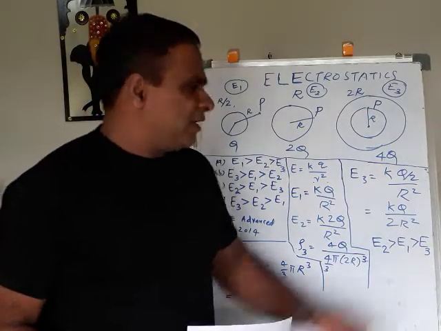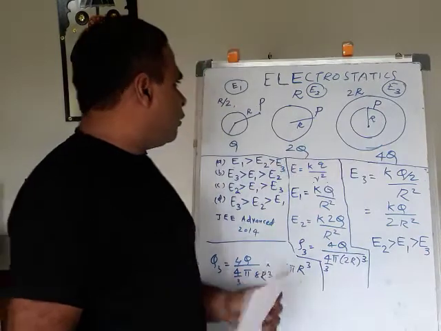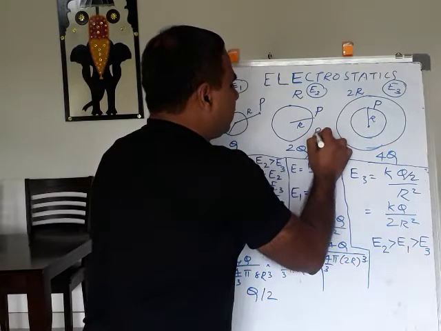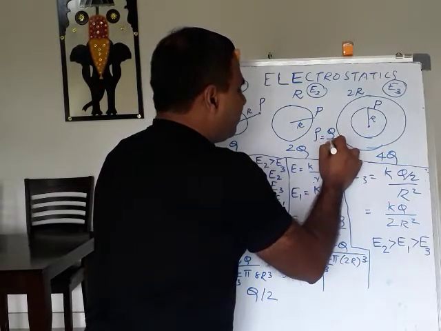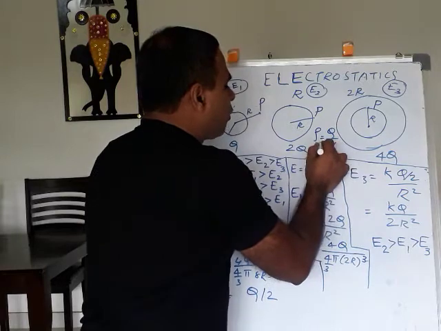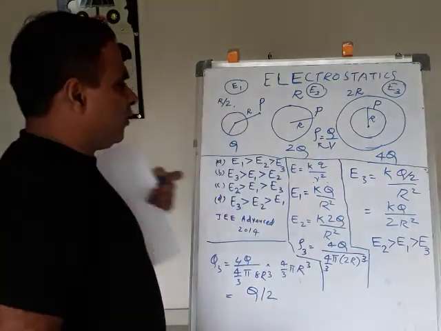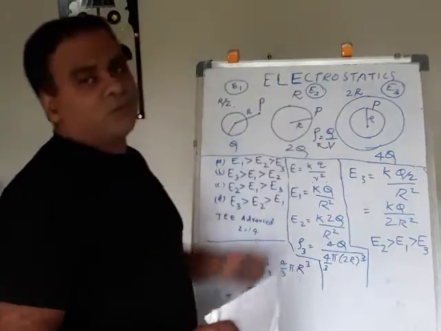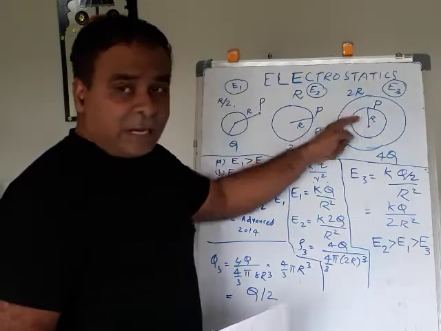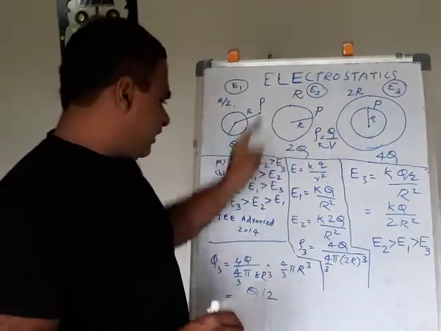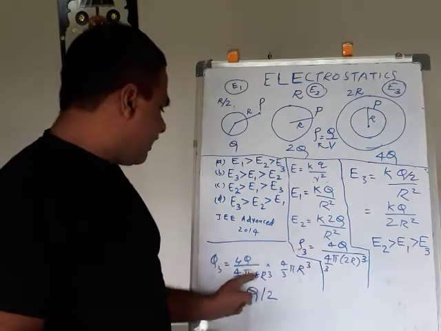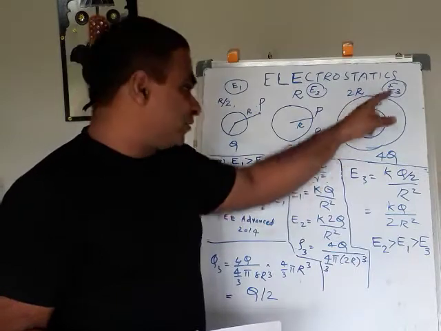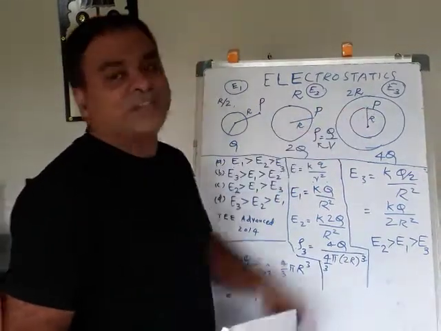You have the formula volume charge density rho is equal to Q by V, then Q is equal to rho into V. So the charge enclosed by the inside sphere is equal to this volume charge density into the volume of the inside sphere. It is not outside.